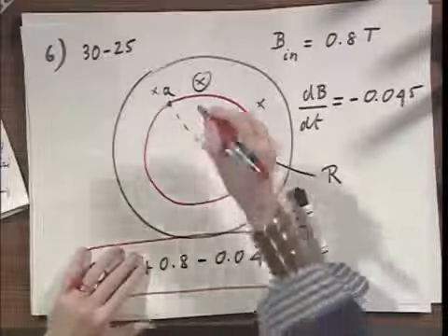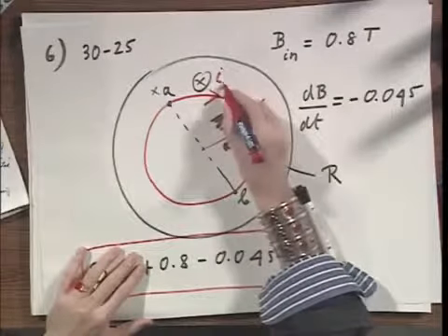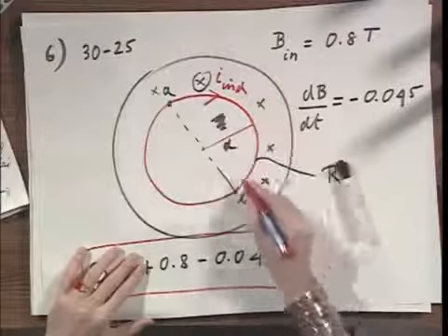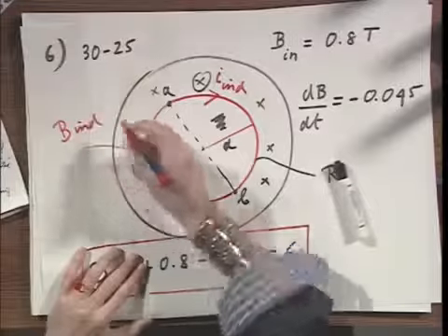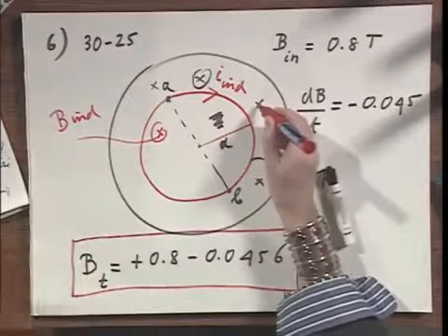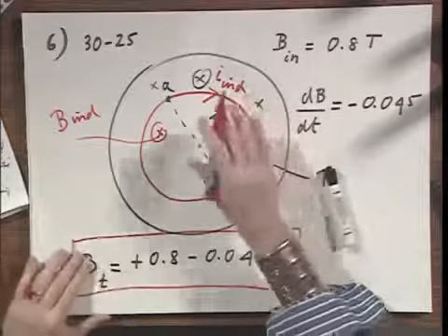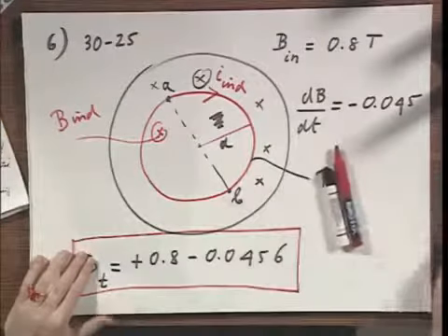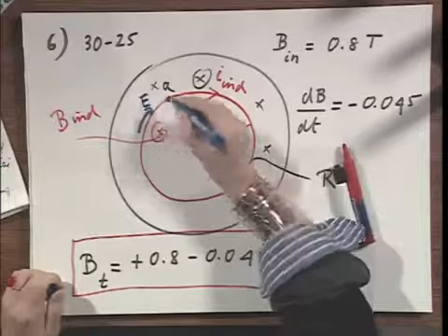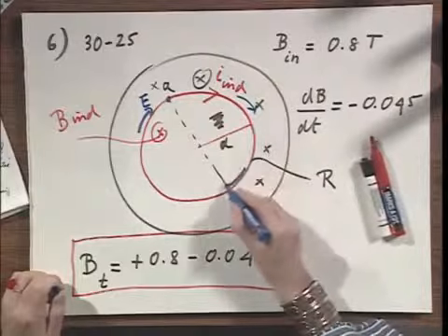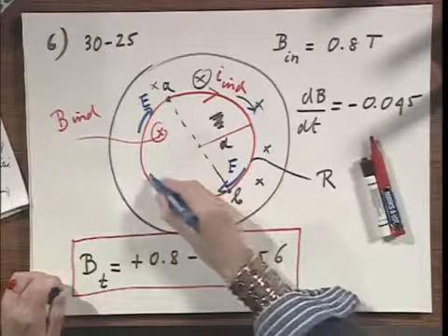The system opposes that, and therefore the system will try to keep the field pointing into the paper as much as possible, and the only way it can do that is by driving an induced current in clockwise direction, because that will give you an induced B field in this direction, which will oppose the change, namely that the B field becomes weaker and weaker. So inside this wire, there must be an electric field building up, which will be driving this current.